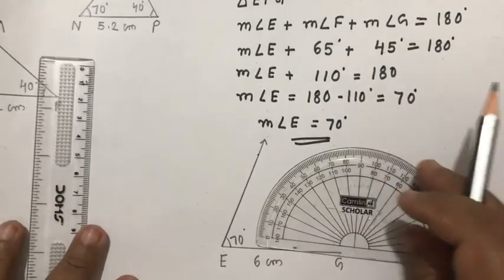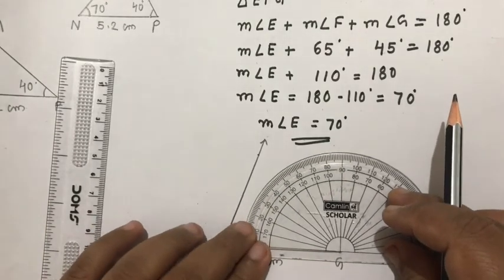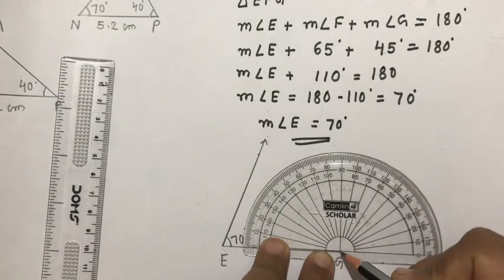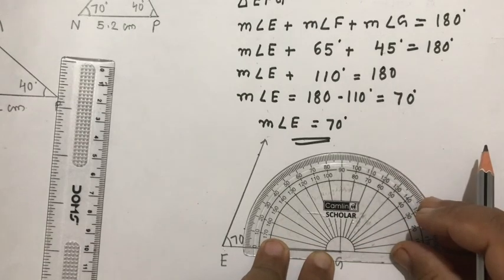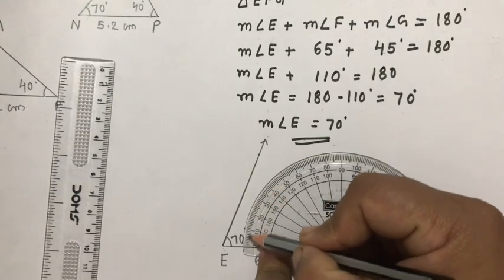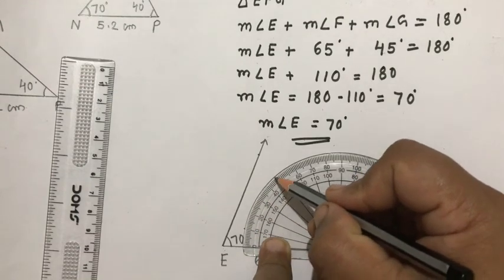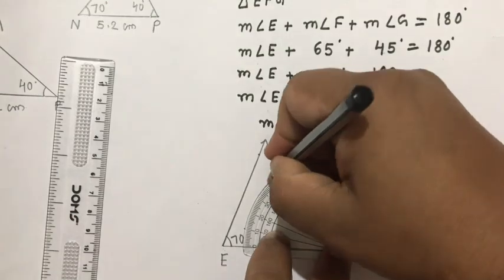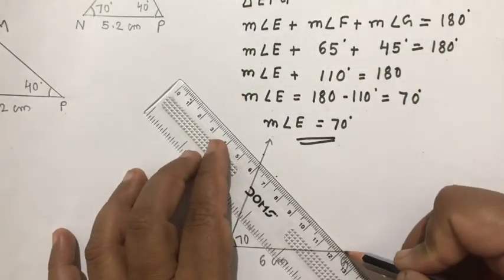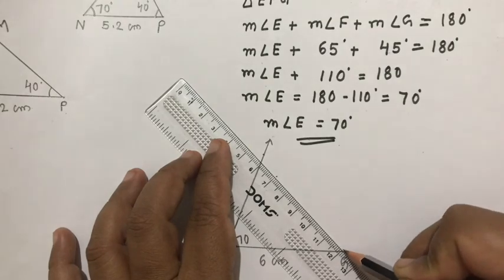Now, according to the rough figure, angle G is of 45 degree. So keep the center of the protractor at point G. Mark an angle of 45 degree. So, after 40, fifth point, draw a ray.